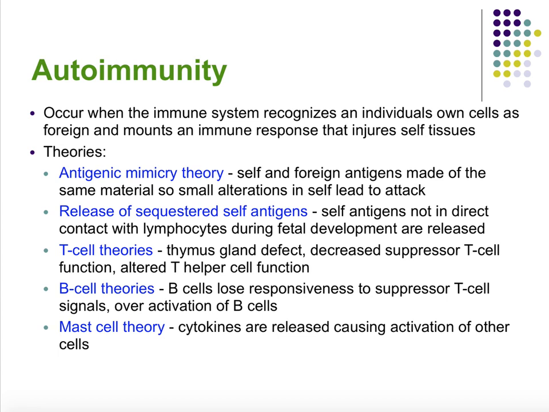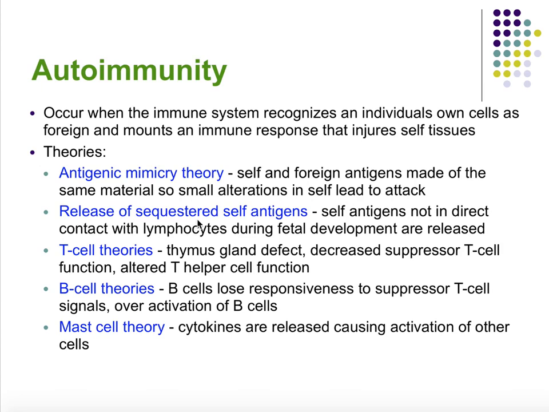Here's what this says. Our own cells and even foreign antigens are pretty much made up of the same building blocks, the same materials. So when there's a small alteration in one of our own normal cells, all of a sudden it might look foreign, and so our immune system initiates an attack.